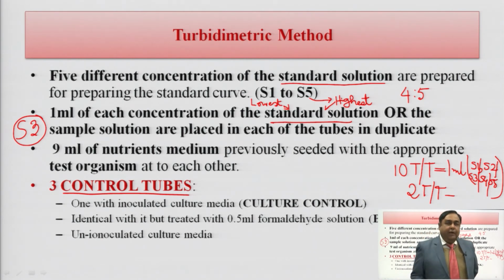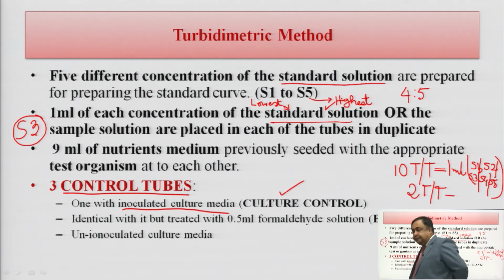in inhibiting the microorganisms. Now, we have 3 control tubes. One is known as the culture control, which contains the inoculated culture media. Next, we have an identical set, but treated with 0.5 ml formaldehyde solution, which you call a blank.